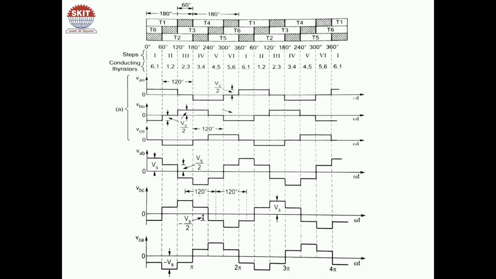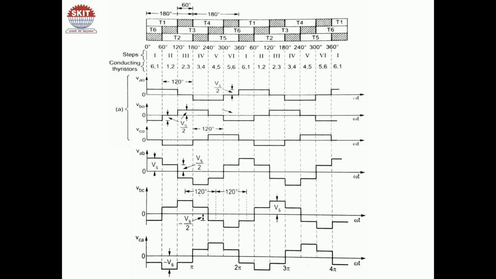During the 0 to 60 degree, we observe Vs by 2 minus minus Vs by 2, that is Vs. So plot it here.